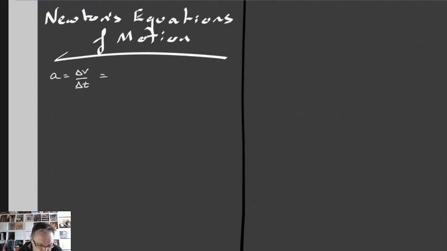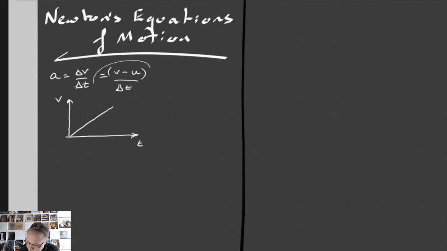Remember that a change in anything is the final value minus the initial value. We use v to represent the final velocity and u to represent the initial, so a is v minus u over delta t. If you consider a velocity time graph, this is the slope.